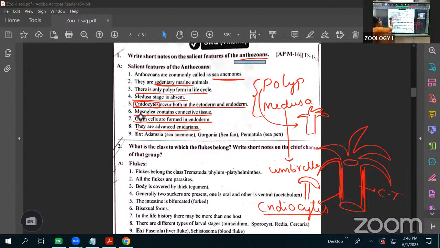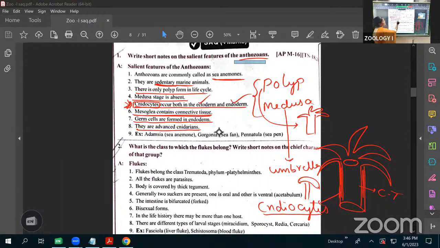The special character is the cnidocytes. Cnidocytes occur in the ectoderm as well as the endoderm. Both layers have cnidocytes, which are useful for protection. The mesoglea contains connective tissue, and the gametes or germ cells are formed by the endoderm.